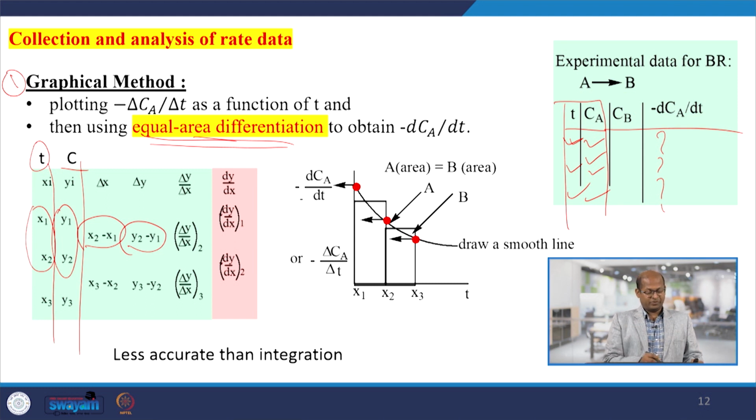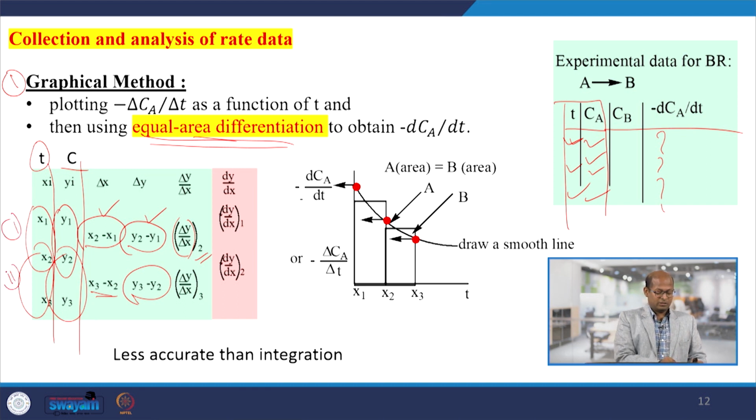Then we find delta y by delta x considering these two data points. Like that x2, x3, y2, y3, this data point we can get, first this, next this.